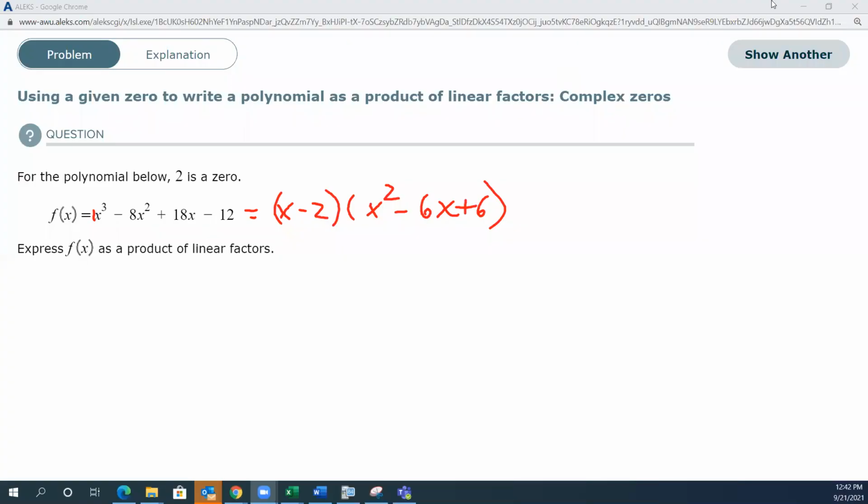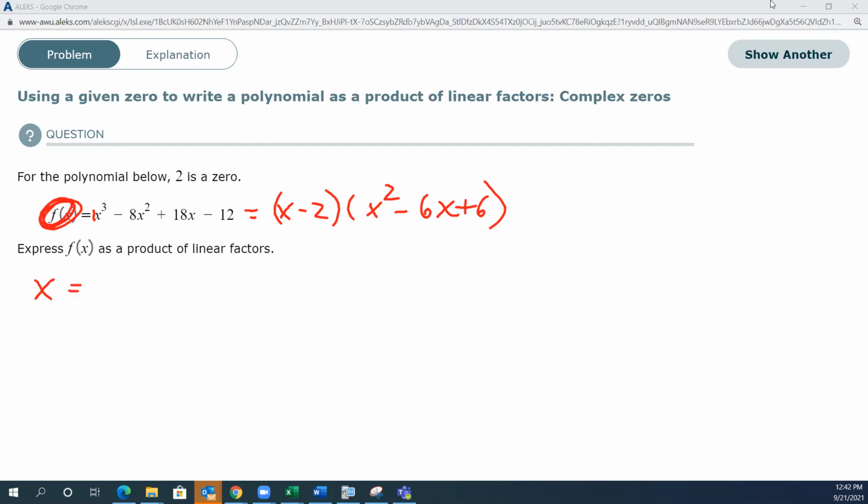Okay, so we need to rewrite this as a couple of linear factors. We're looking for the zeros of the function, so we could set this factor equal to 0 and set this factor equal to 0. When we set this one equal to 0, we get a quadratic equation.